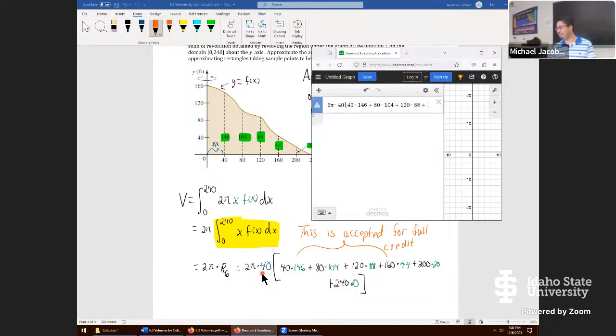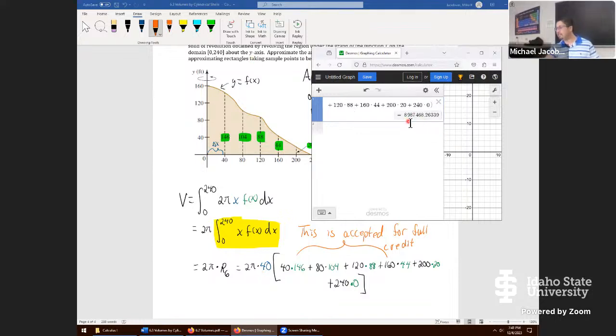It feels more tedious than I thought it would be. 160 times 44 plus 200 times 20 plus 240 times 0. We could have neglected that term.